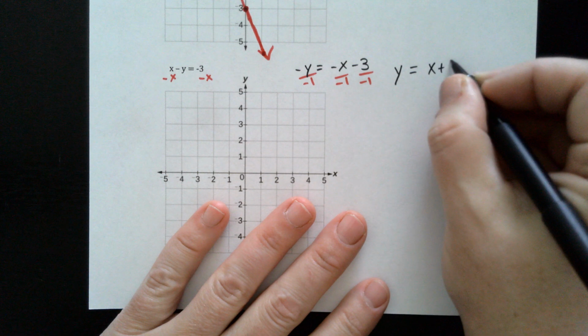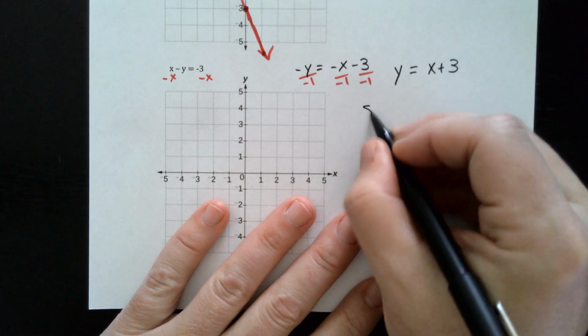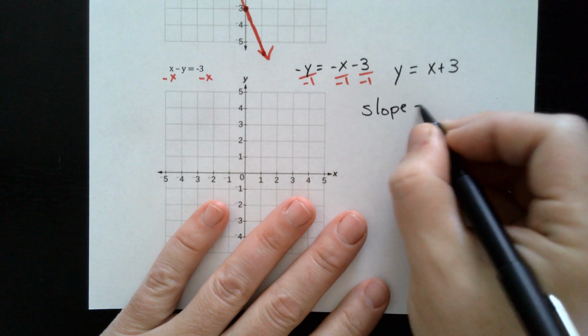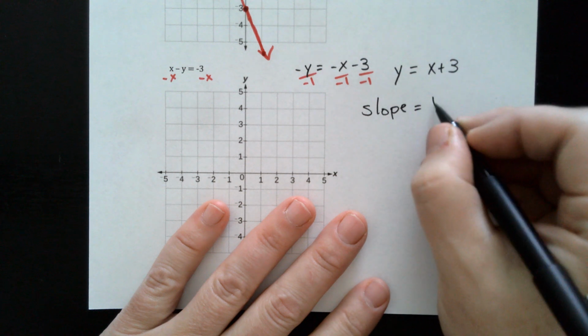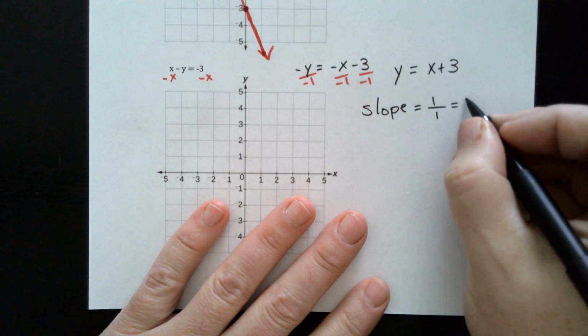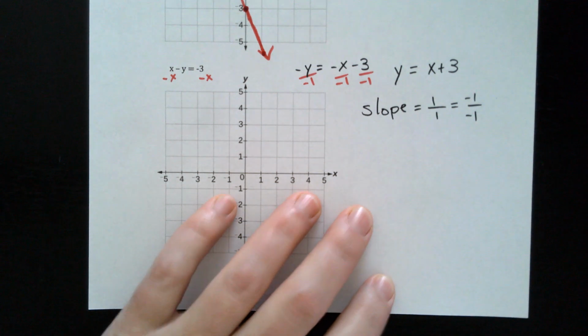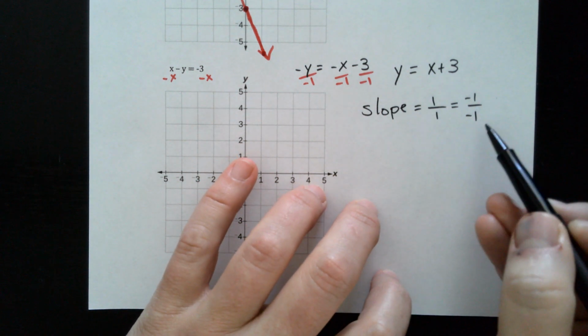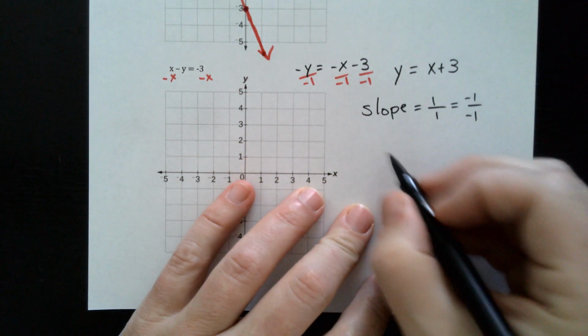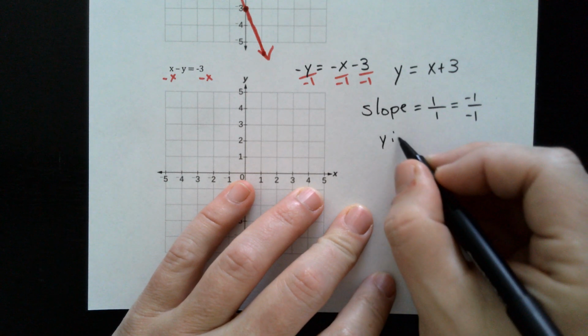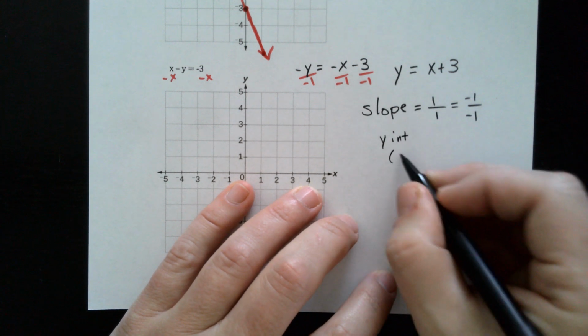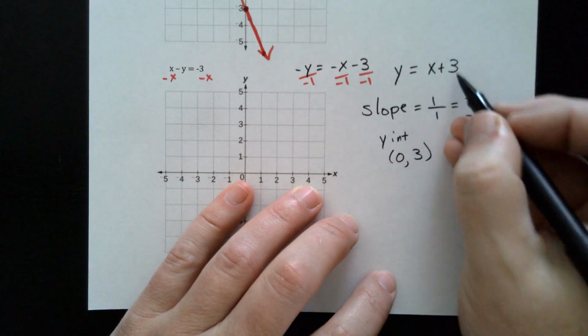x plus 3. Now our slope is the number in front of the x, so that's a 1. It could be 1 over 1, or you could write it as -1 over -1. Those are the same thing because a negative divided by a negative is a positive. And then the y-intercept is (0, 3), which is this number right here.